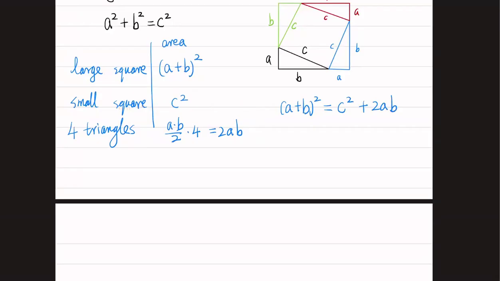Okay, now let's expand this. What's (a plus b) squared? Amy, can you expand this? The formula for the square. I'm going to write something and I will check with you. Is it correct? Or am I missing something?